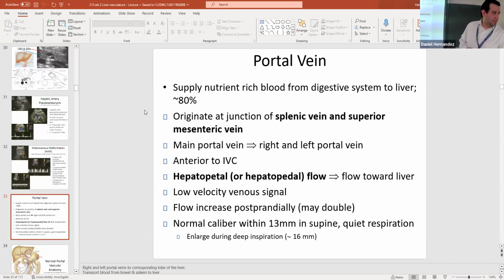I was just getting confused with the direction of the flow. I'm thinking of the heart, where arteries are always coming out. I was confused how the artery and the vein are both hepatopetal. I'm thinking of the heart, where only veins come in and arteries go out. They're different systems.